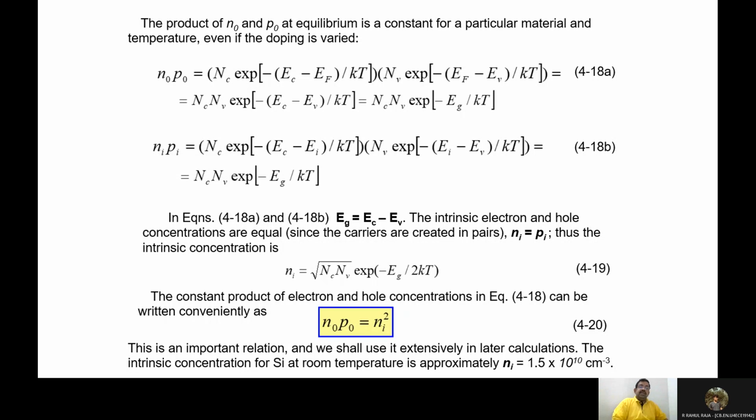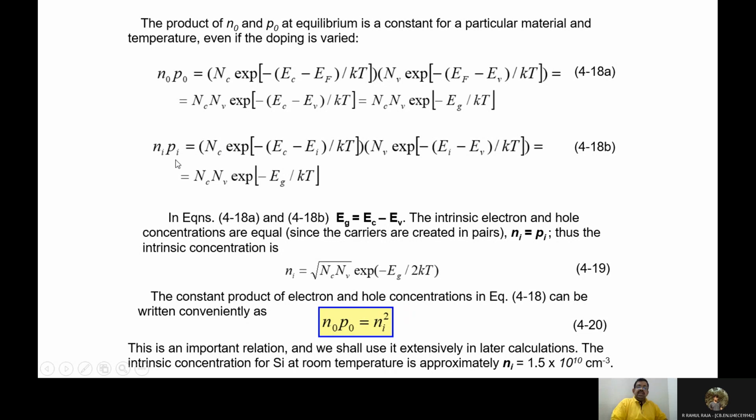Now, when I multiply N0 and P0, you will see the term EF getting cancelled out, and therefore you will get minus Eg by kT. At a given temperature, all the terms will be constant, so the product of N0 and P0 is a constant.